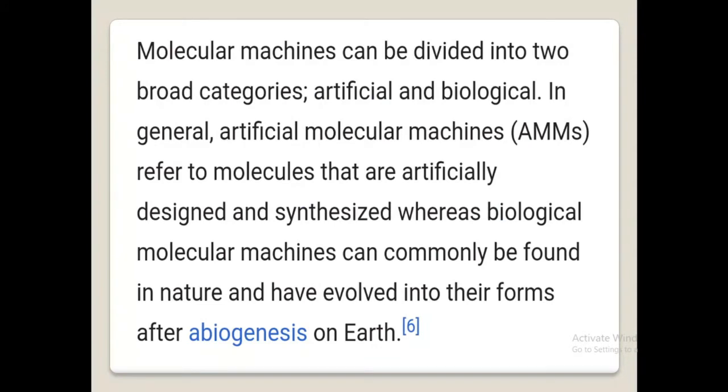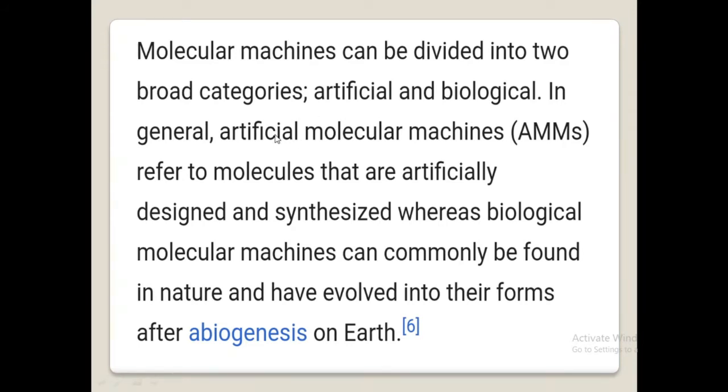Molecular nanomachines can be divided into two broad categories: artificial and biological. In general, artificial molecular machines, AMMs, refer to molecules that are artificially designed and synthesized, whereas biological molecular machines can commonly be found in nature. They are present in the living system.